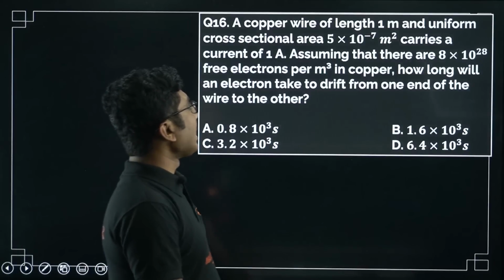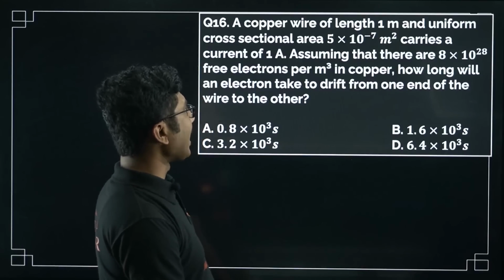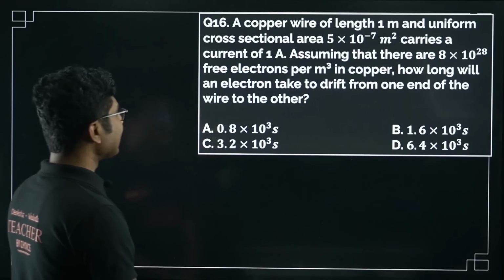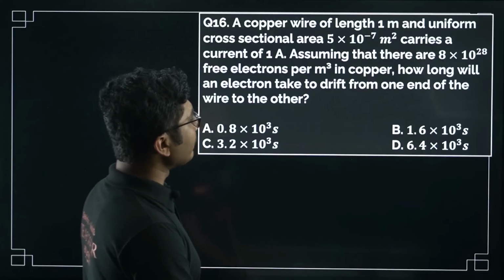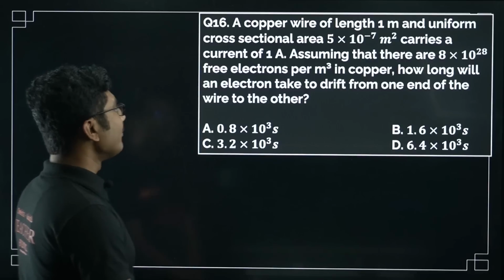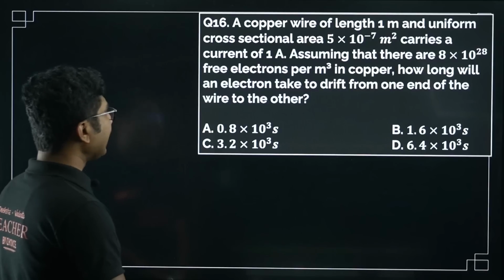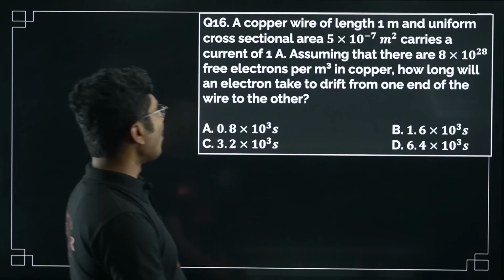A copper wire of length 1 meter and uniform cross-sectional area 5 into 10 to the power of minus 7 meter square carries a current of 1 ampere. Assuming there are 8 into 10 to the power of 28 free electrons per meter cube in copper, how long will an electron take to drift from one end of the wire to the other end?